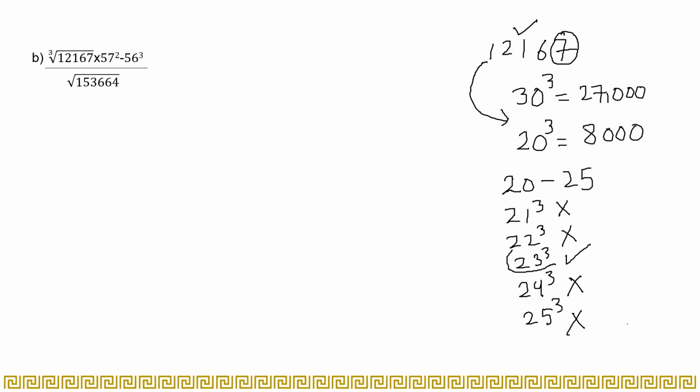That means simply you have to check for 23, right? You have to multiply 23 three times, and when you multiply it, you will get 12167. That means 23 is the right choice for this cube, right? So we will write 23 here, and now again we have to multiply 57 two times.